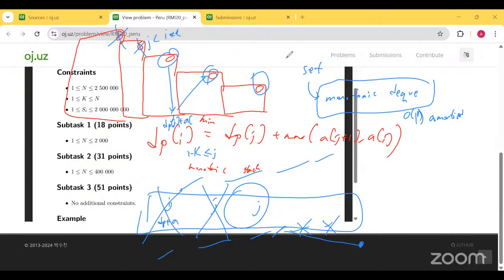I tried this, but I think there was a bug: we have maintained this deque, and as we add a new element, we might remove all of the previous elements in the deque because the current one is giving us a better answer.